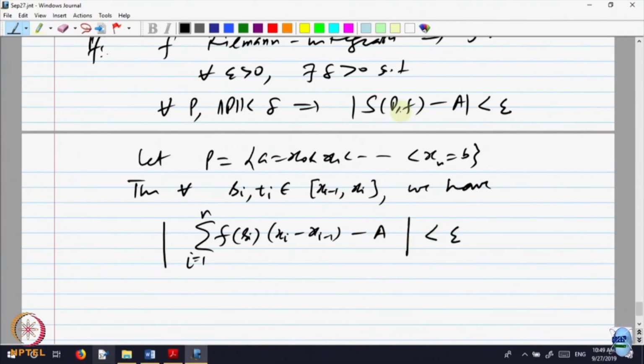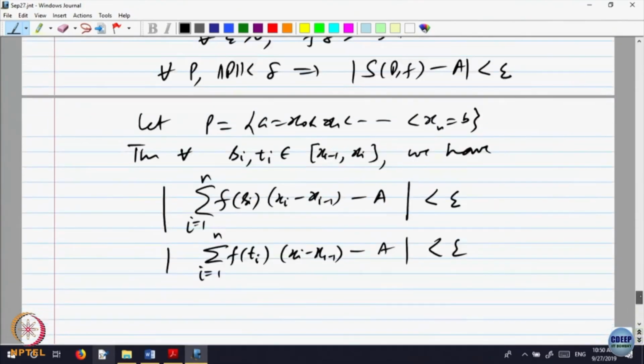That is a sum corresponding to the choice of si, but let me also choose the sum corresponding to some other choice, f(ti) times (xi minus x(i-1)), minus A, less than epsilon. For two different choices, that is what it says.